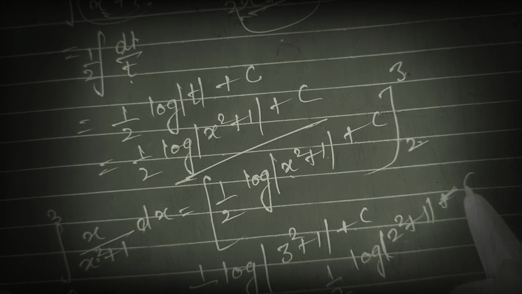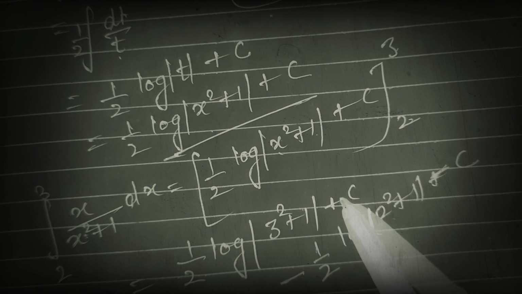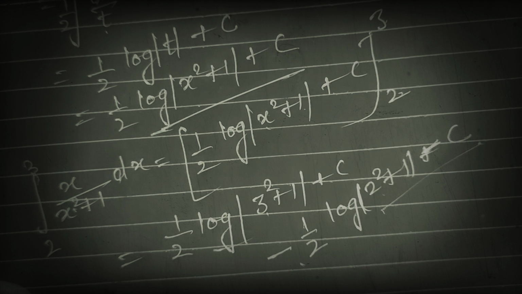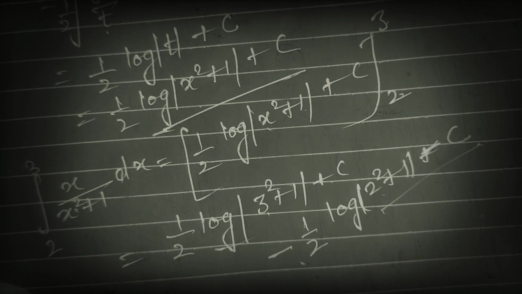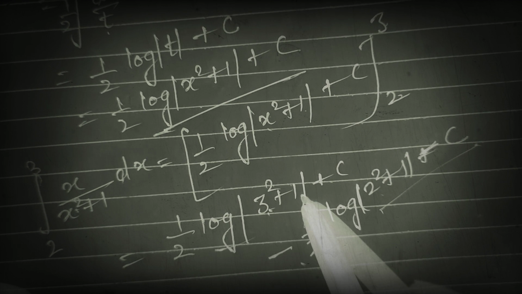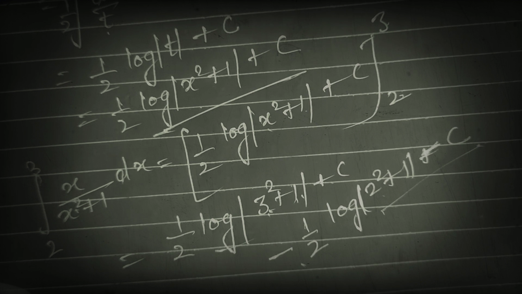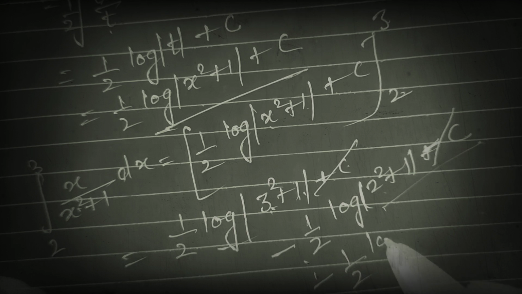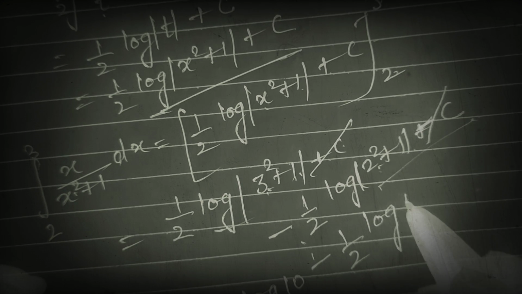Because firstly we put the upper limit then minus the lower limit. So it will be half of log of 9 plus 1, 10, plus c, c cancels with c, minus half of log of 4 plus 1, it is 5.